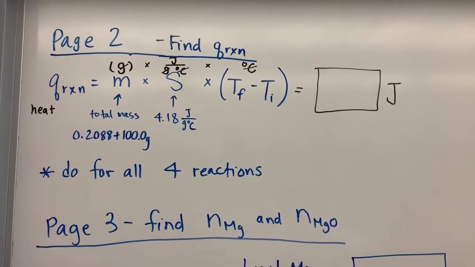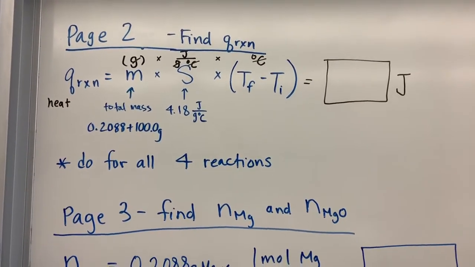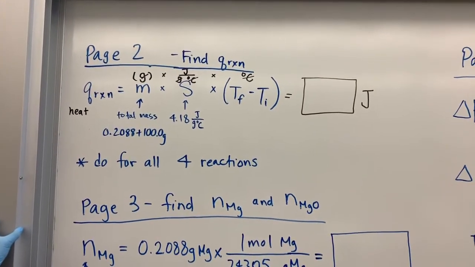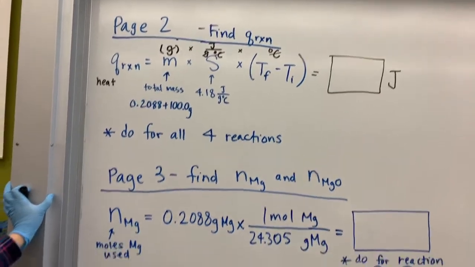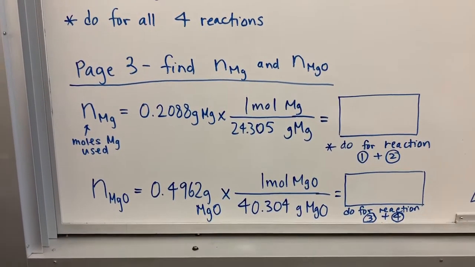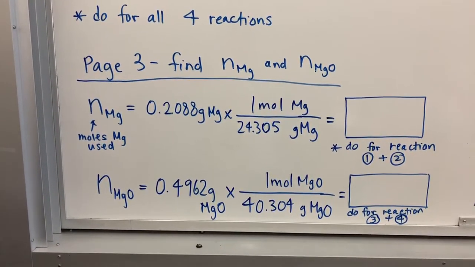Okay? So I would pause the video and do this calculation with the data that you just collected for all 4 reactions. Okay, once you have that done, you're going to move on to the next page. The next page asks you to find the number of moles of Mg that reacted and the number of moles of MgO that reacted.